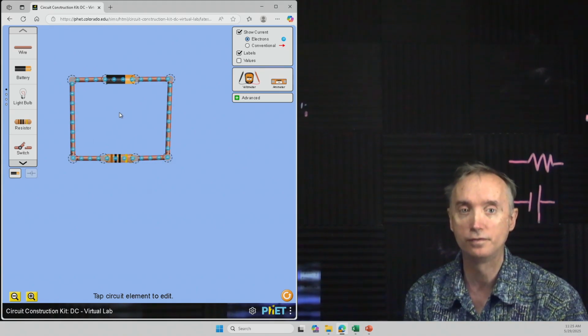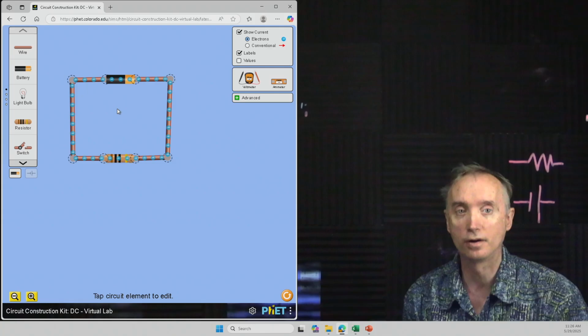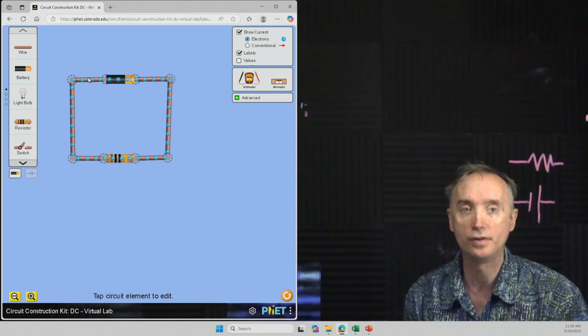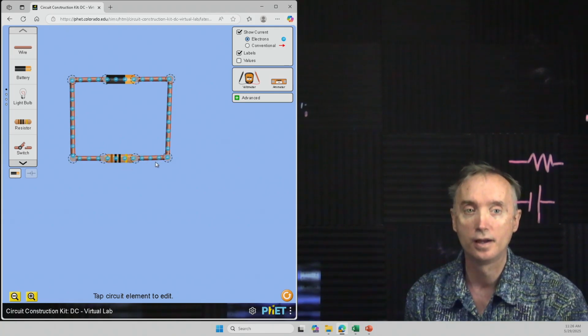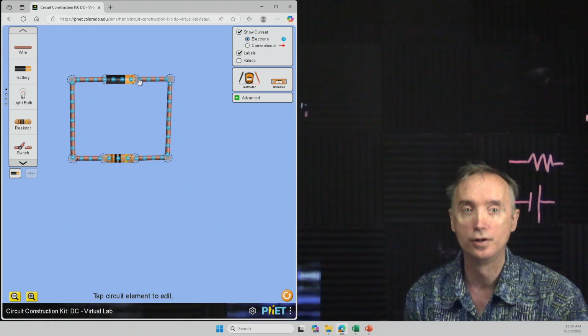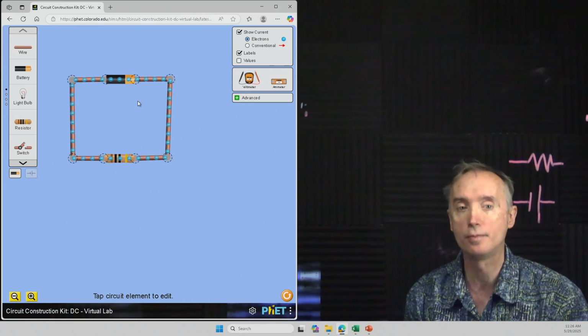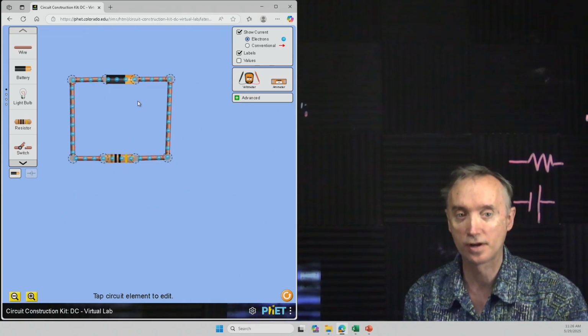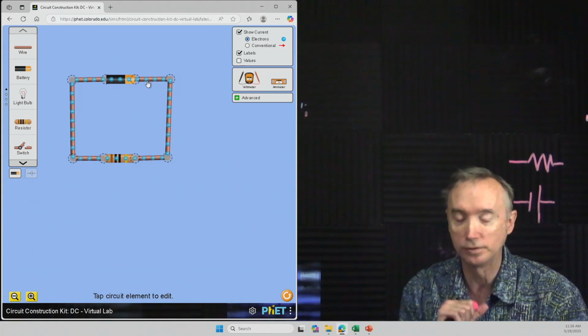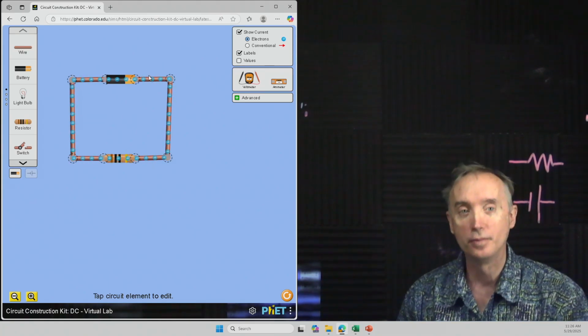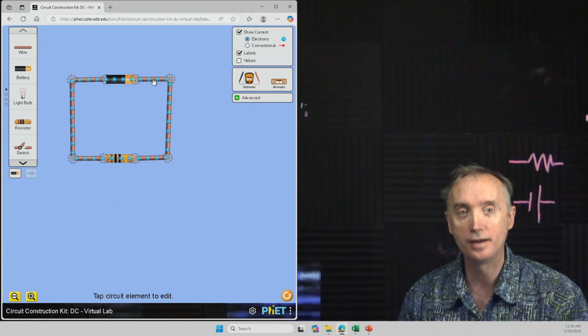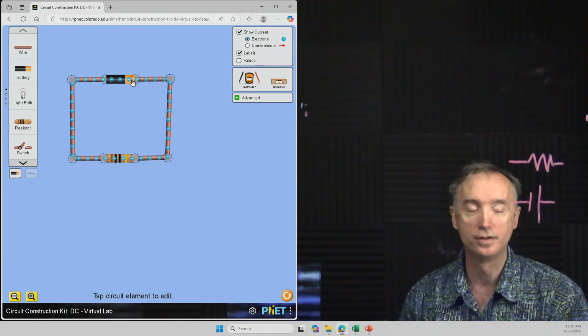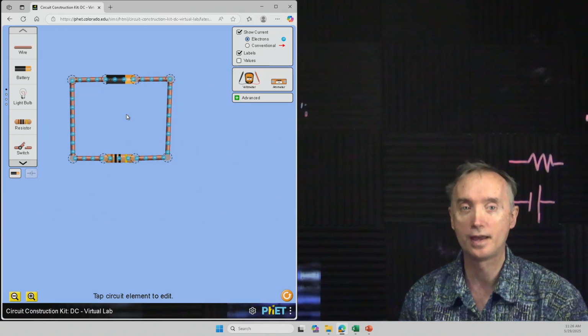The negative charges are coming out the negative end of the battery, and then they're going back in to the positive end because opposites attract. So if these things are negative, they're going to be attracted to the positive end. And so that's the direction that a negative current goes.